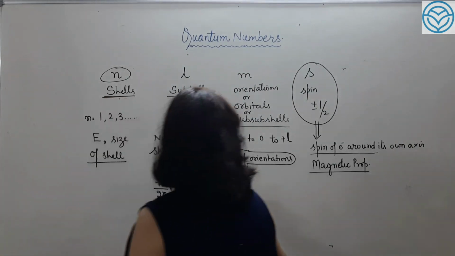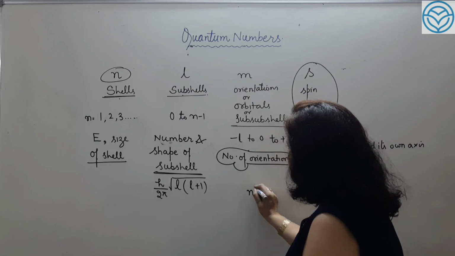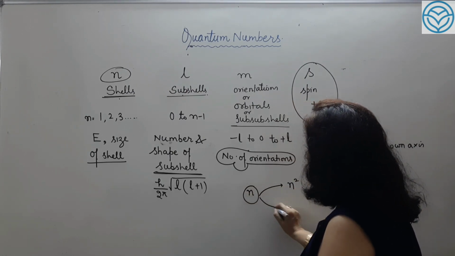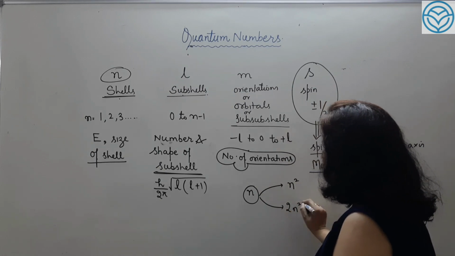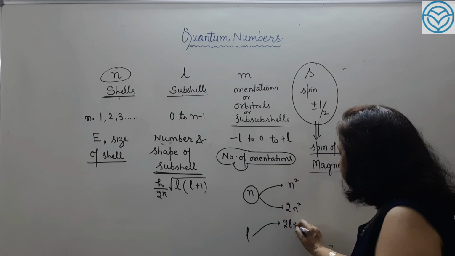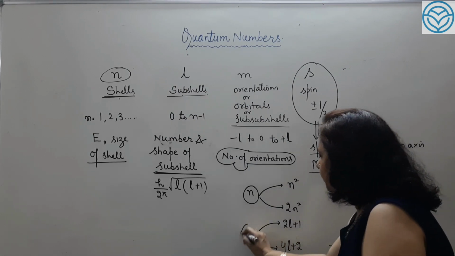Now, if n is given, n square and 2n square are two important formulas. If L is given, 2L plus 1 and 4L plus 2 are important formulas.